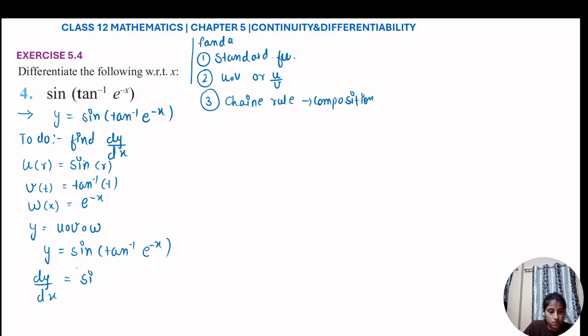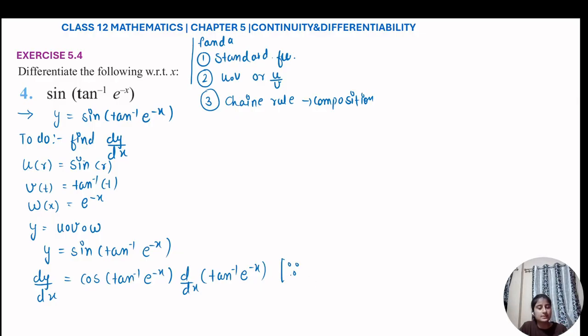differentiation of sine, that is cos, and take the argument as it is. Then differentiate your argument with respect to x, that is d by dx of tan inverse of e raised to minus x. If I write the reason, as I always told, just write the reason. This reason is not necessary.